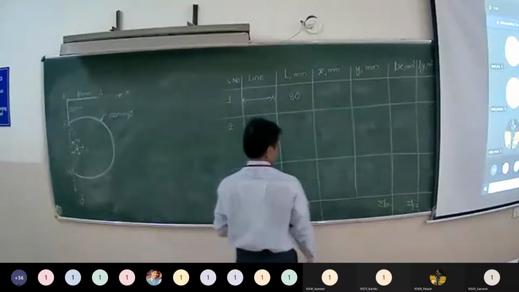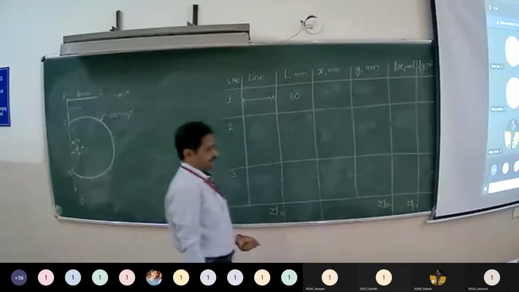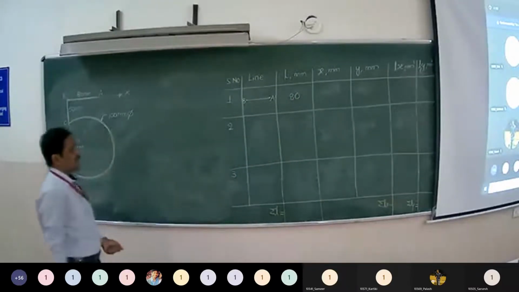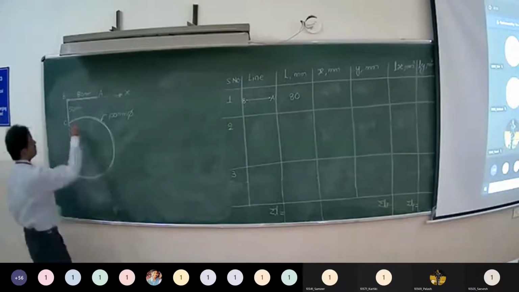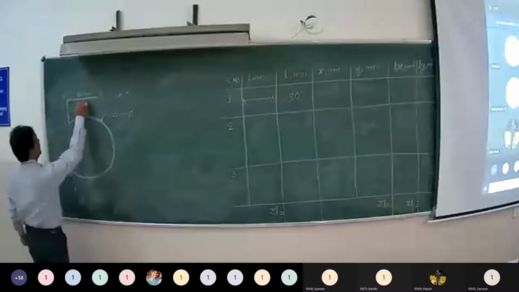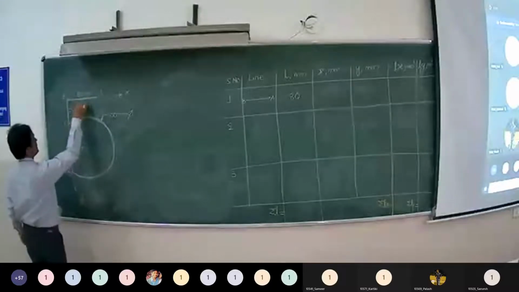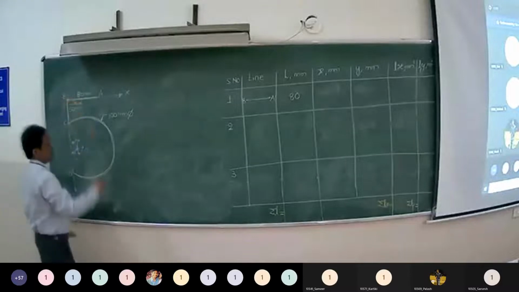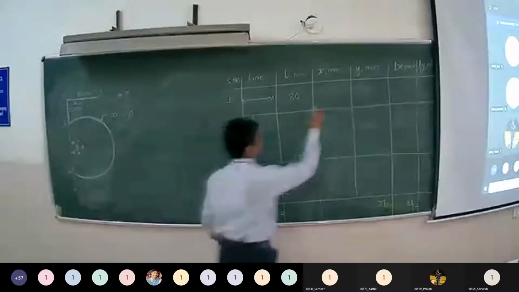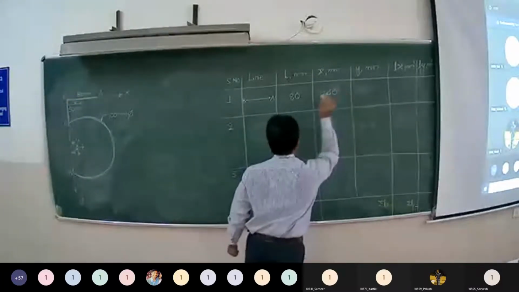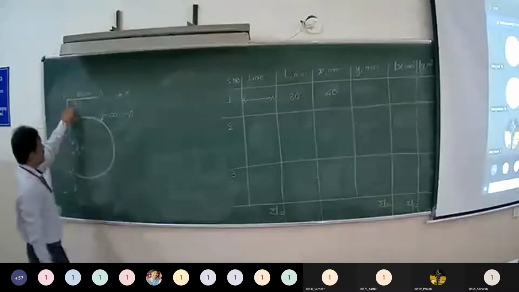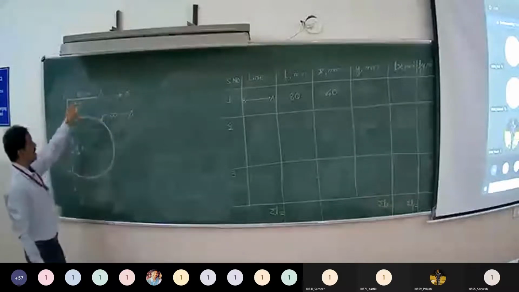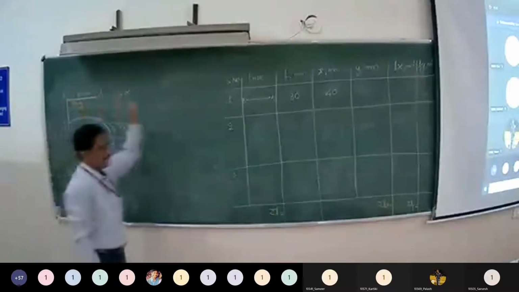X is, what is the value of X? 40 millimeter. Yeah, if the midpoint is the centroid, so its distance from y-axis is X, that is 40. And Y is distance of centroid from x-axis. It is located on x-axis, 0.